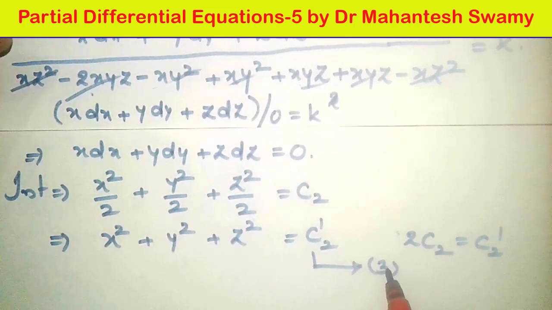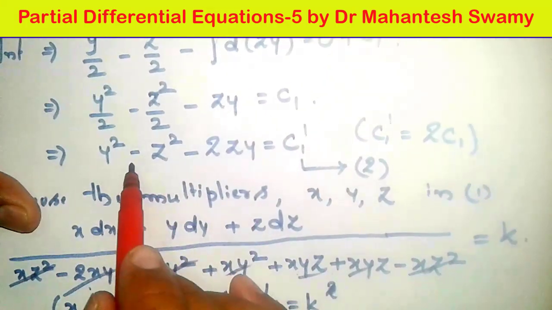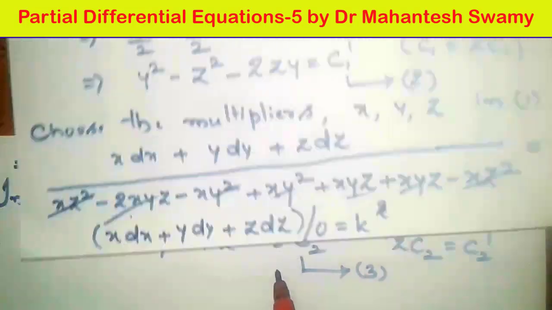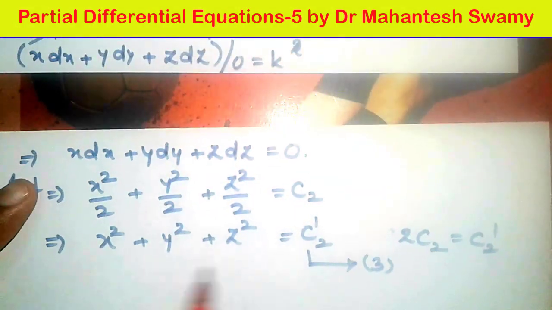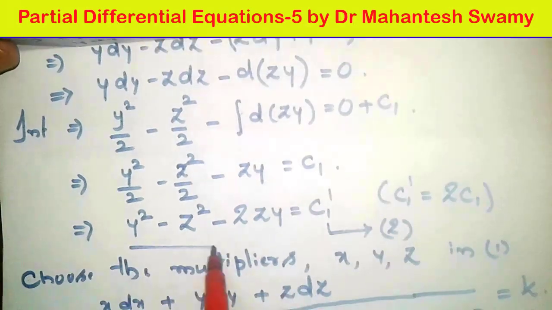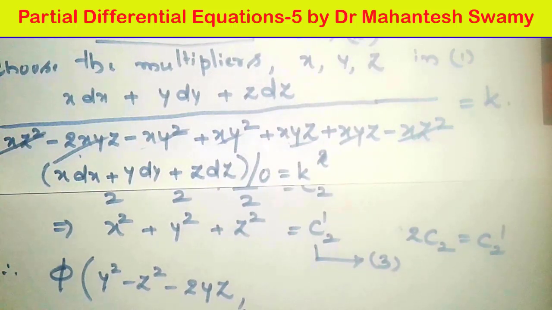Now the equation 2, which we have already obtained in the previous step, that is this thing, equation 2, along with this equation number 3, we are having the required general solution in the form that is therefore phi of y square minus z square minus 2yz, which we have written by using this equation number 2, and we have written the first member in this bracket, comma, the second member is here, that is x square plus y square plus z square.